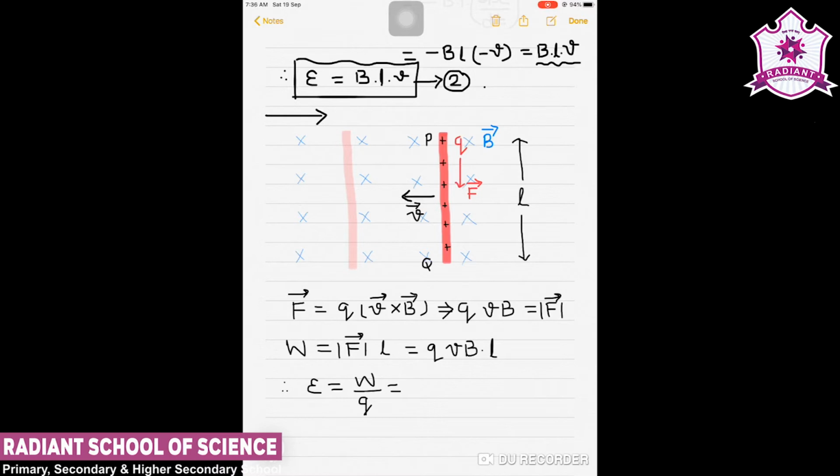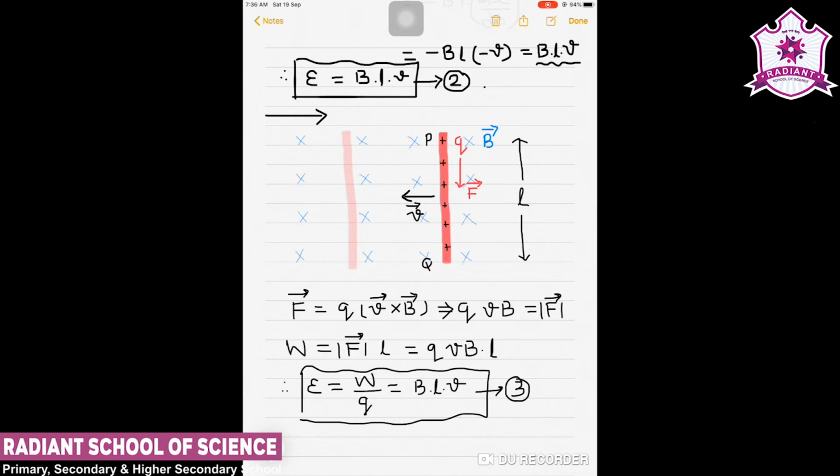Now when we take this Q in the denominator, what we will have is BLV. So this is the same derivation, but using Lorentz force.